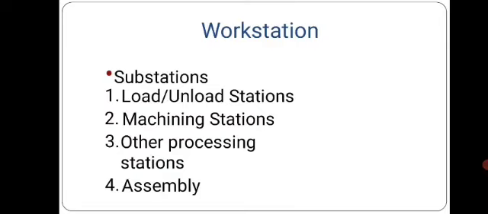The inspection operation can be done at the machining workstation itself. Other workstations include the coordinate measuring machine, inspection probe and machine vision. Sheet metal processing workstations and forging processing centers are the other processing centers.